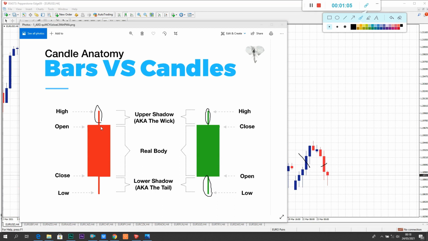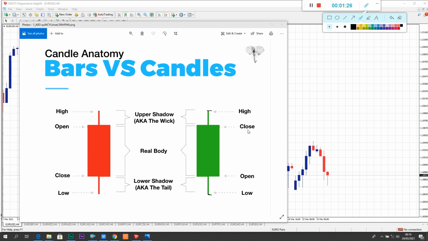The same happens for this red candle: upper shadow, then lower shadow. The upper shadow has its highest point, called the high, and then it has its lowest point, known as the low, and it is the same for this red candle.